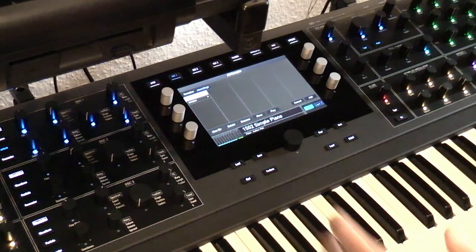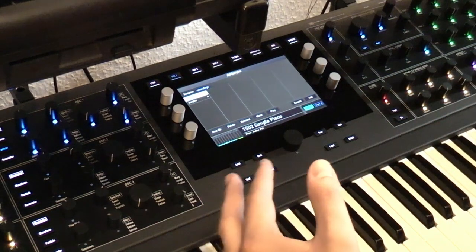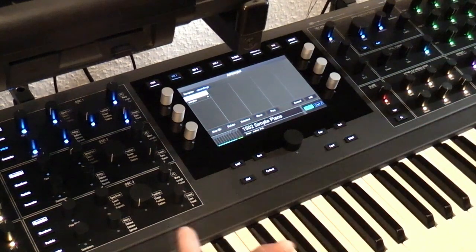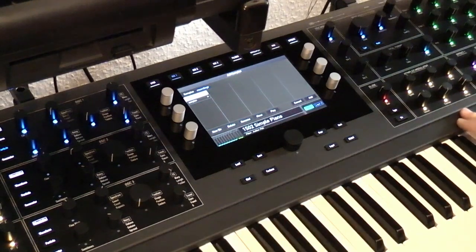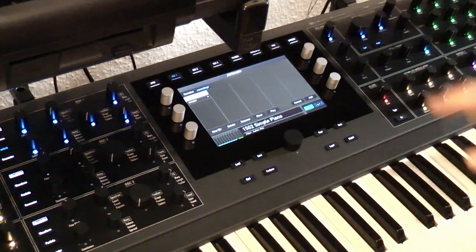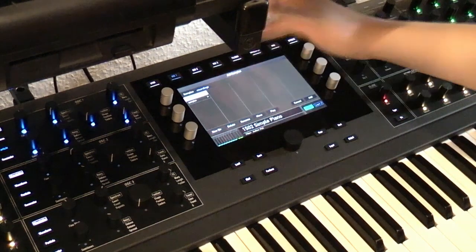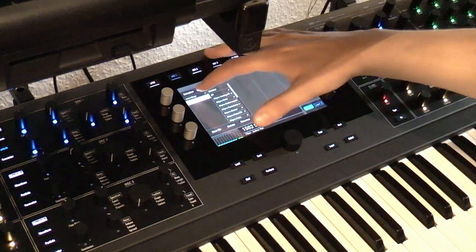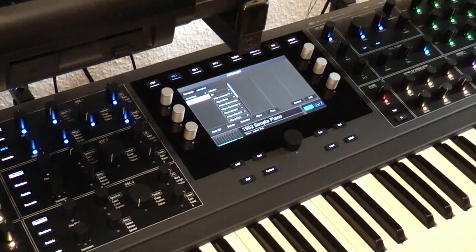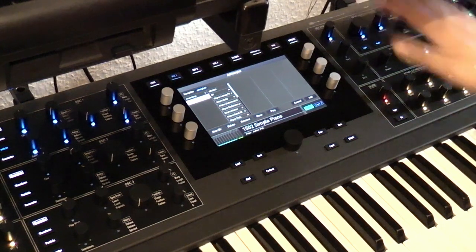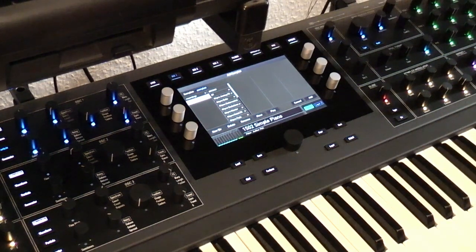You can record the internal sound, so you can make resampling of your patch and record that, or you can record through the audio input. And then your recordings are going to be here, but you can also select samples. You can load in samples with a SD card, but there are already samples included when you get your quantum.